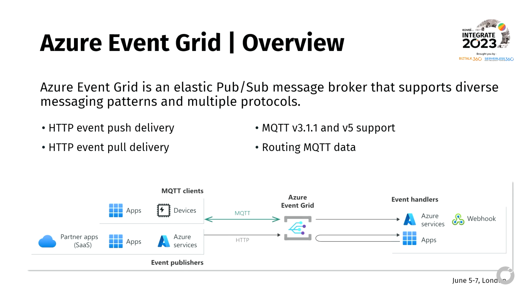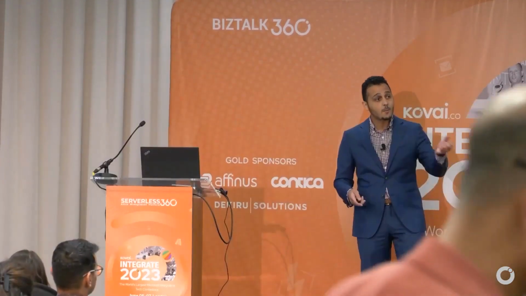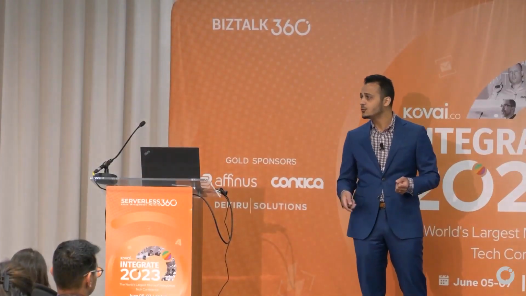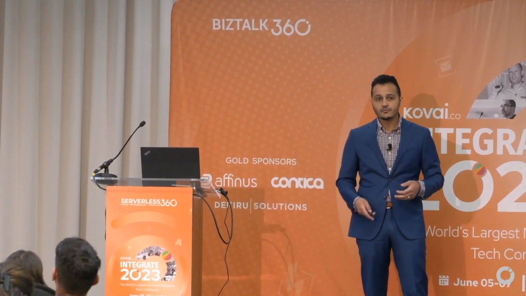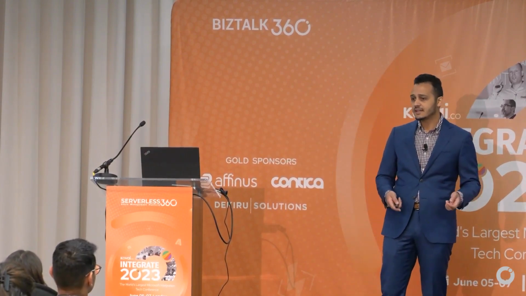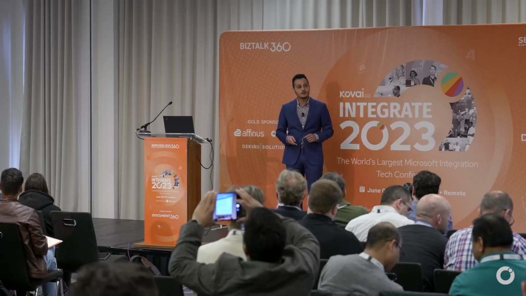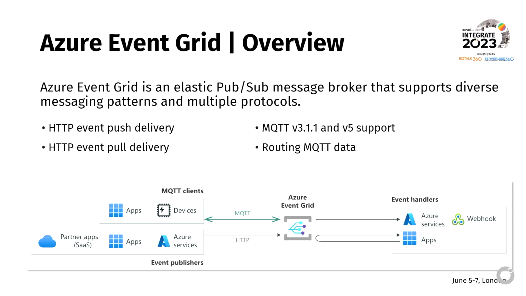So just like Event Grid has been pushing messages to your subscribers, now they can start pulling messages from Event Grid through the new pull delivery support, to give you, of course, the flexibility of choosing the delivery method that works best for your solution. We also added full MQTT broker functionality within Event Grid to support MQTT v3.1.1 and MQTT v5, along, of course, with existing support of HTTP.